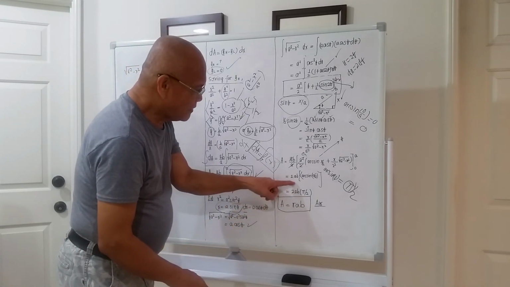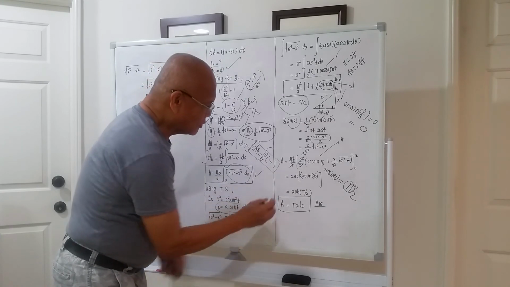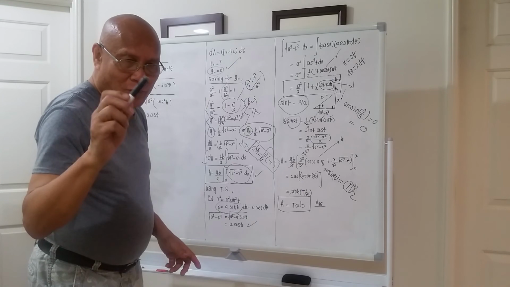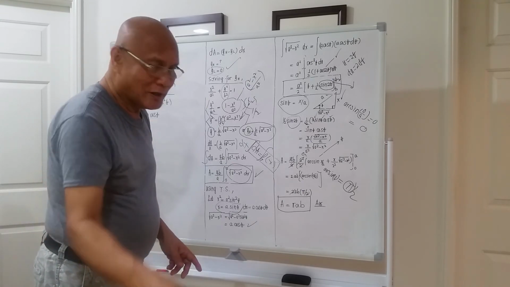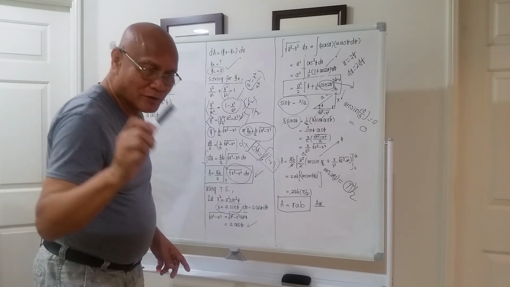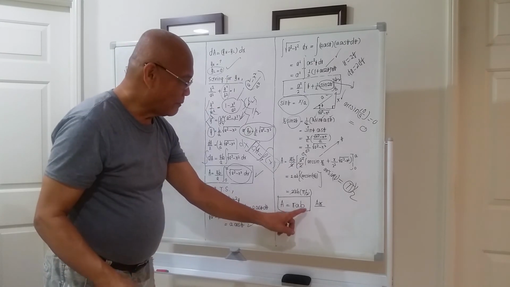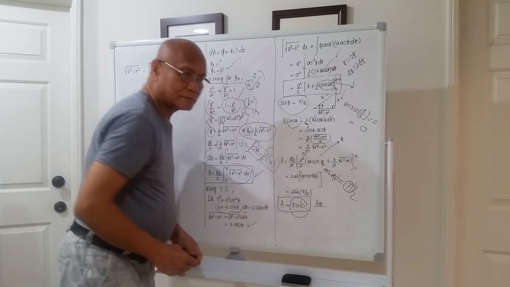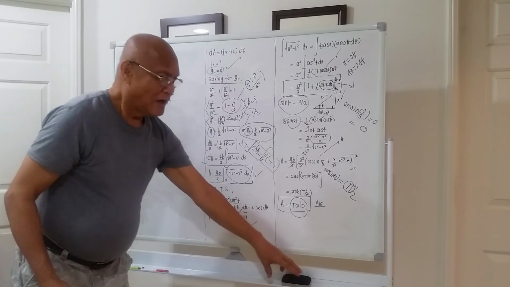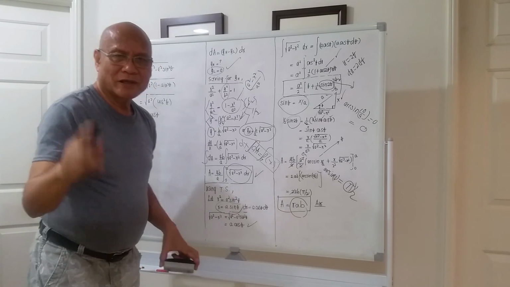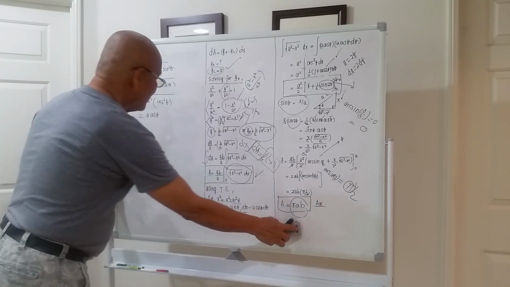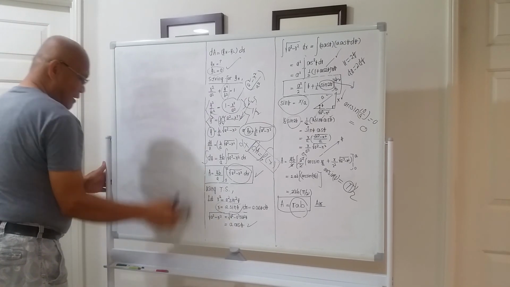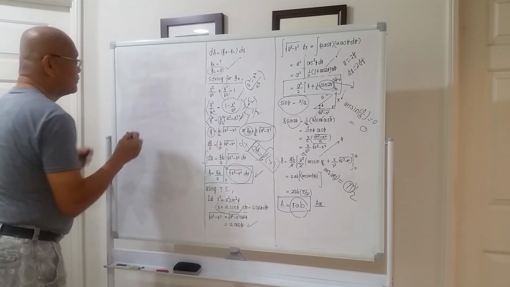So 2ab times pi over 2. So these two here cancel with this. So the final formula for taking the area of an ellipse as a function of the major axis a and minor axis b is actually pi ab. Actually, the formula for taking the area of a circle emanates from this. I show you how, because a circle is a special case of an ellipse.